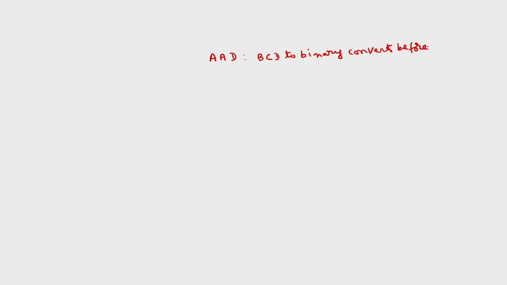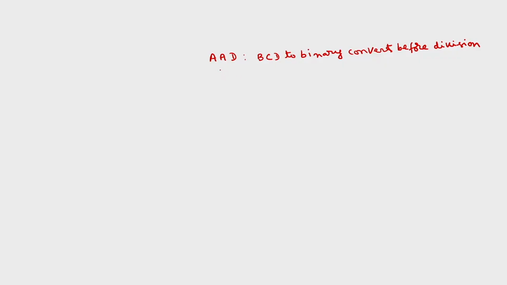BCD to binary convert before division. The remaining instructions will be used after arithmetic operations such as addition, subtraction, multiplication, whereas this is before division. In this AAD, this will convert unpacked BCD digits. I have already discussed what unpacked means: only one BCD digit will be present in each byte.